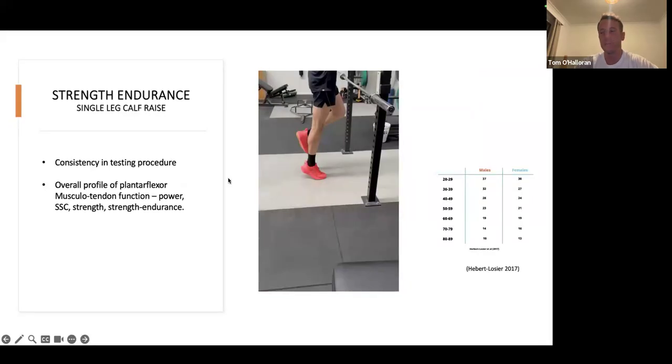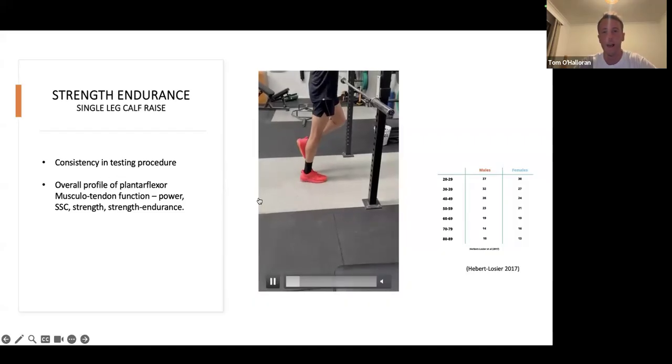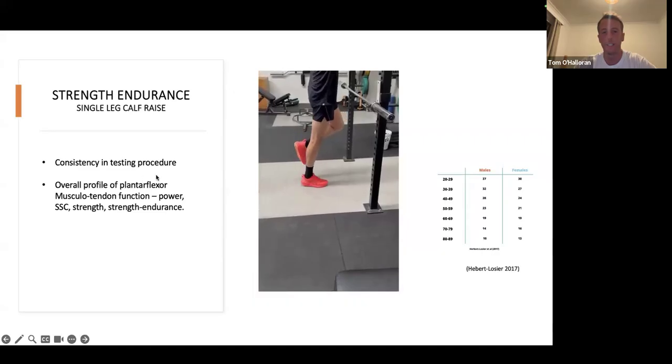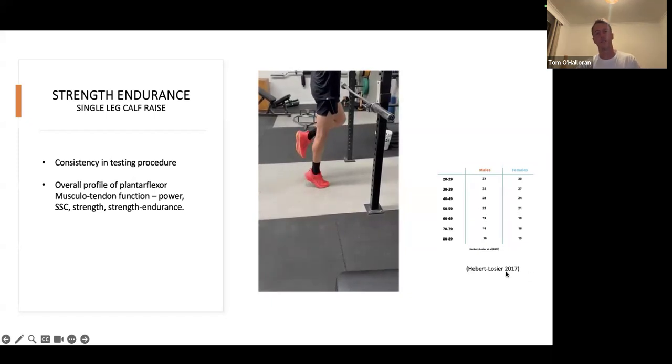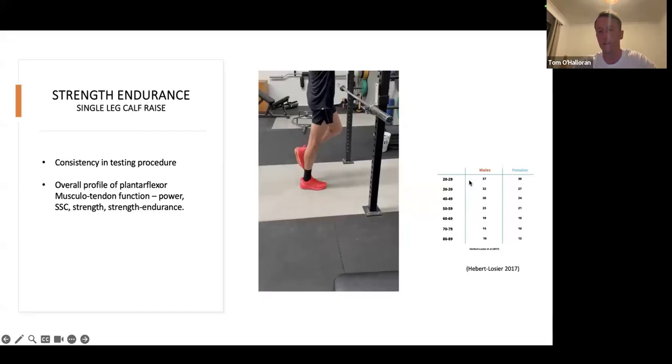Rounding out the assessment, we've gone through movement quality, range of motion, power, landing, springiness, strength, and then lastly strength endurance. I'm looking at someone's single leg calf strength endurance to fatigue. Again, you're looking at consistency in testing procedure, and I'll lean into some of the norms from Kim Hébert-Lozier for this one, just because it was a huge sample size, looking at different age groups, males and females.